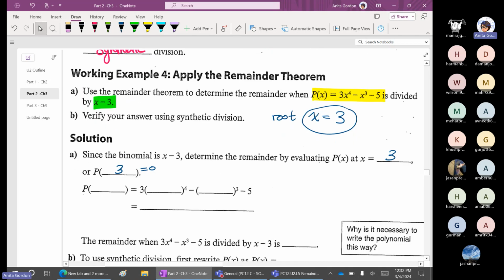So let's try it out. 3 times 3 to the 4 minus 3 to the 3 minus 5. Use calculator.